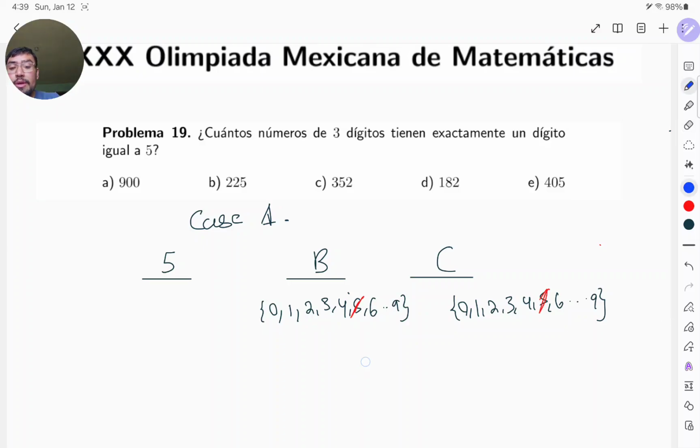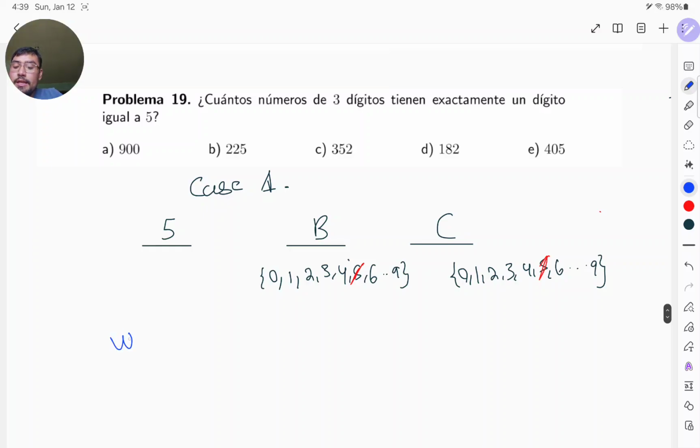So to choose b and c, in how many ways? It is 9 ways each.